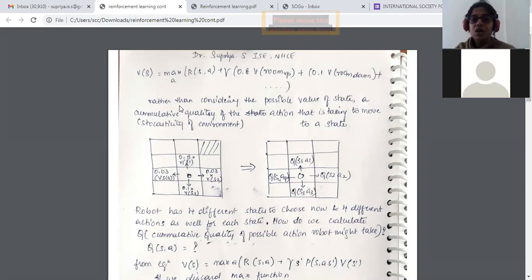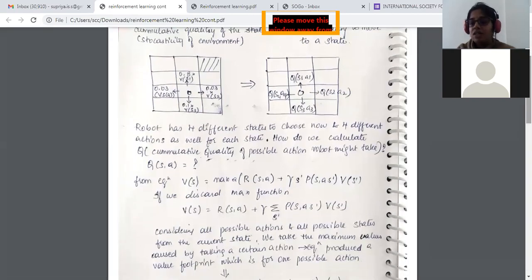I'll let you know. Rather than considering the possible value of a state, a cumulative quantity of the action that it is taking to move to a state, that is, the stochasticity of the environment has to be considered in the picture. So from here, which action it has to take, that we have to quantify.